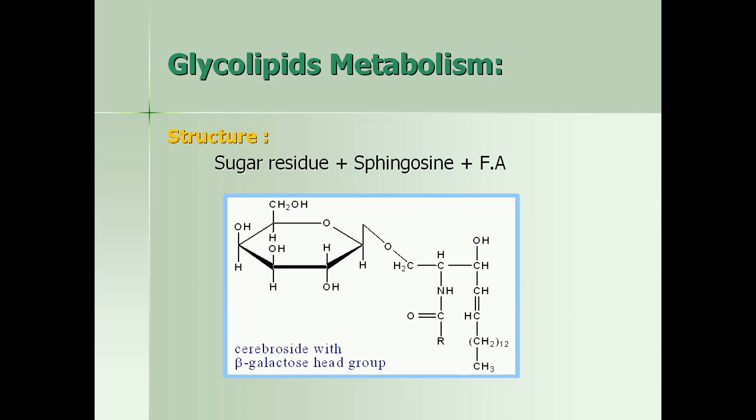These are essential components of all membranes in the body, but are found in a great amount in nerve tissues. They are located in the outer layer of the plasma membrane, where they interact with the extracellular environment and play a role in regulation of cellular interactions, growth and development.